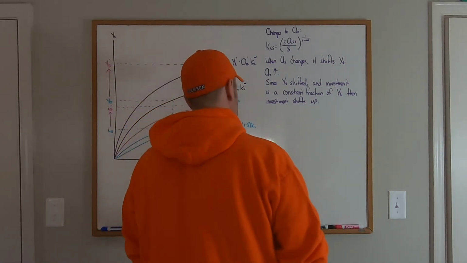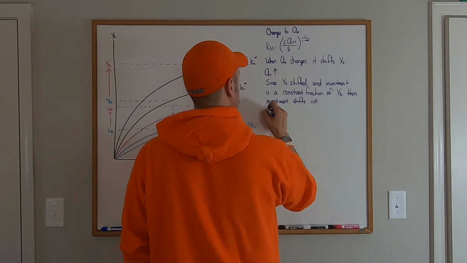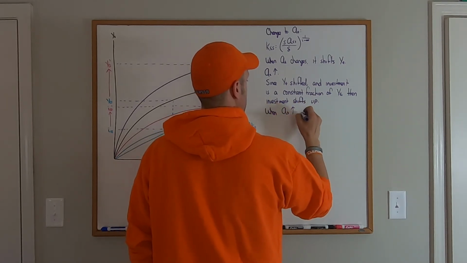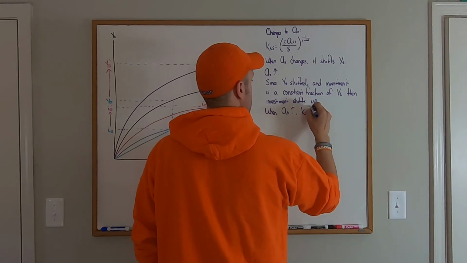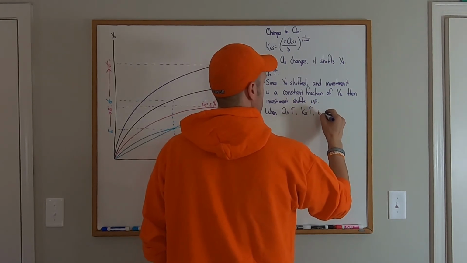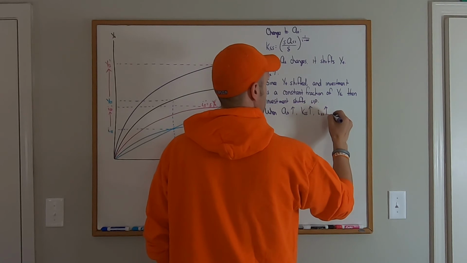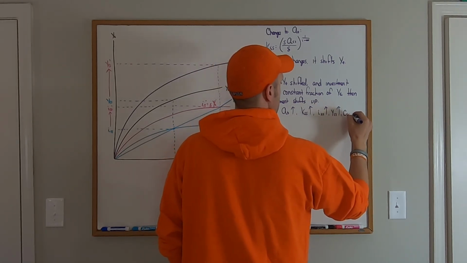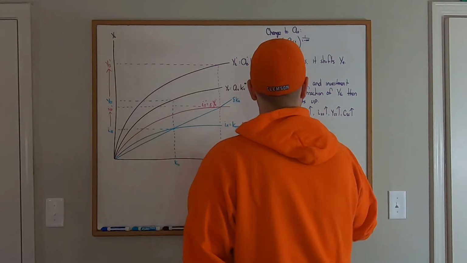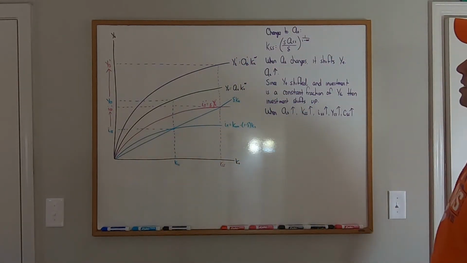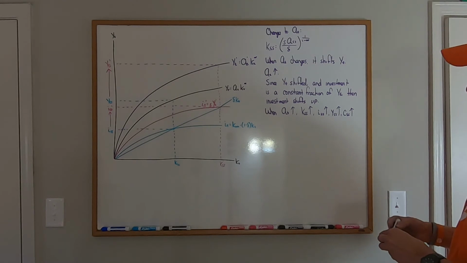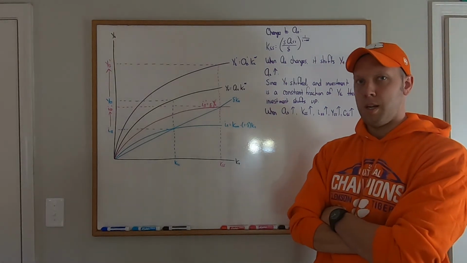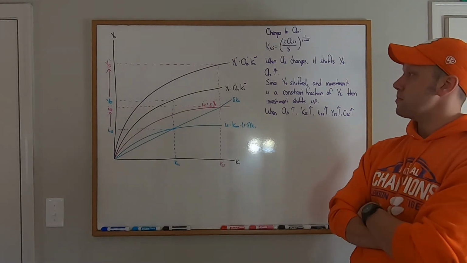Let's look at this. There's a shock to A. Steady state capital goes up, steady state investment goes up, steady state output goes up, steady state consumption goes up.